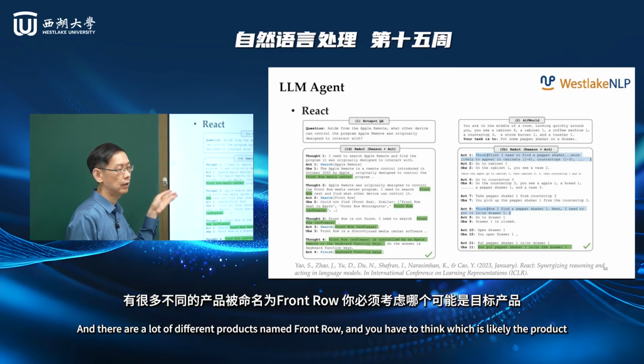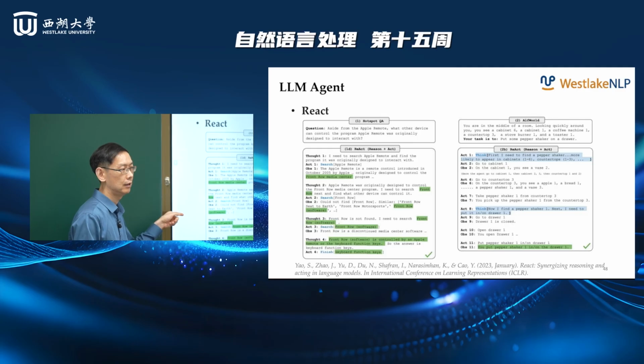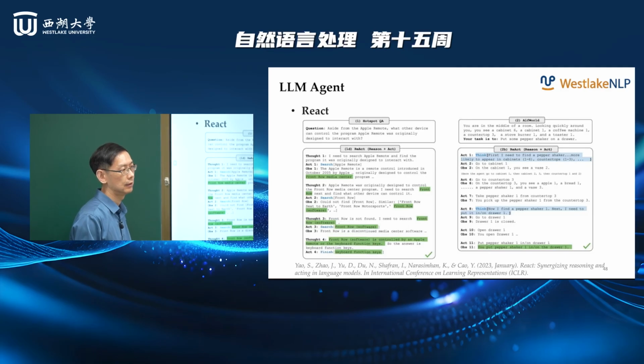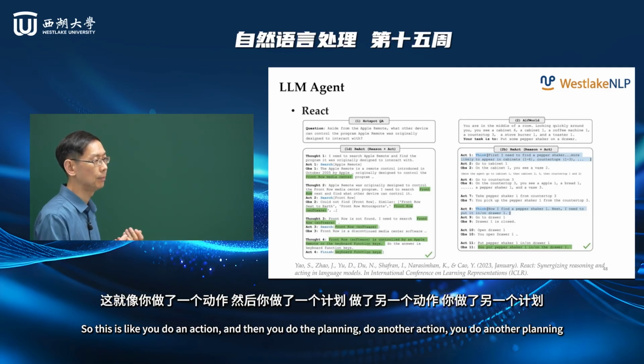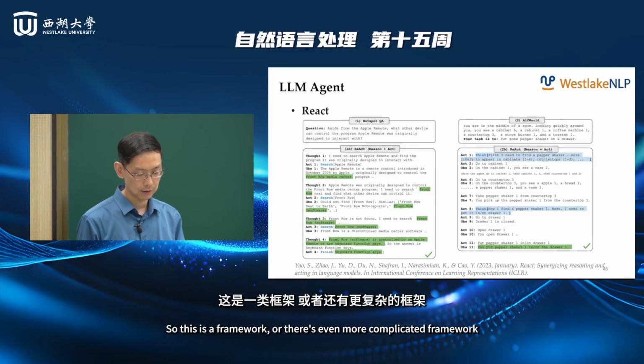And there are a lot of different products named Front Row. And you have to think, okay, which is likely the product. And then after you do the thinking, you execute the next step, okay? So this is like you do an action and then you do the planning. Do another action, you do another planning. So this is a framework.